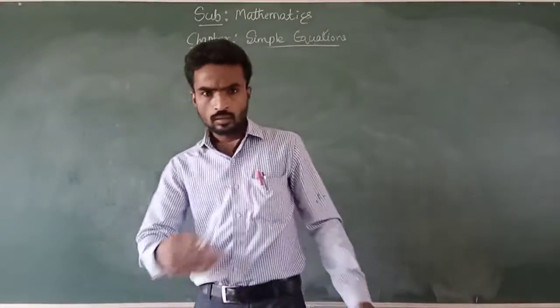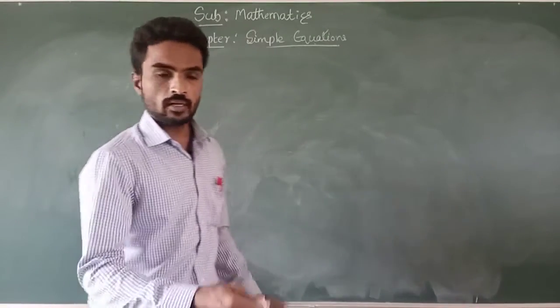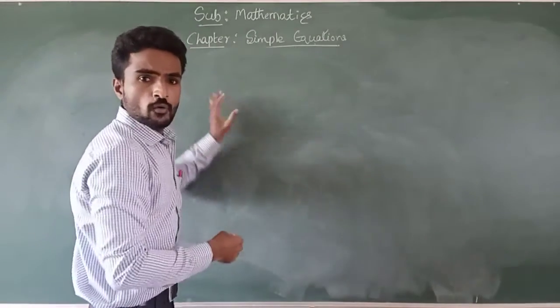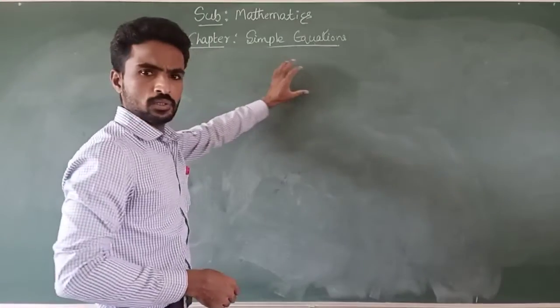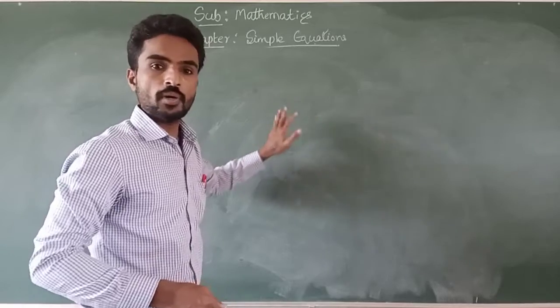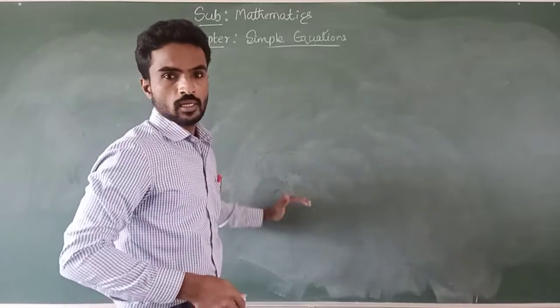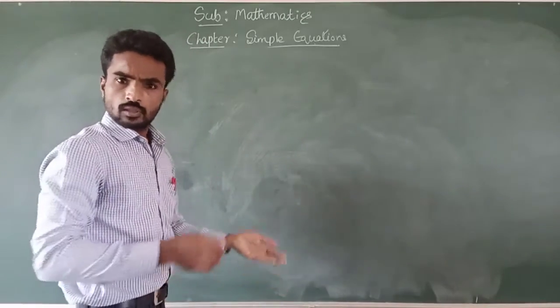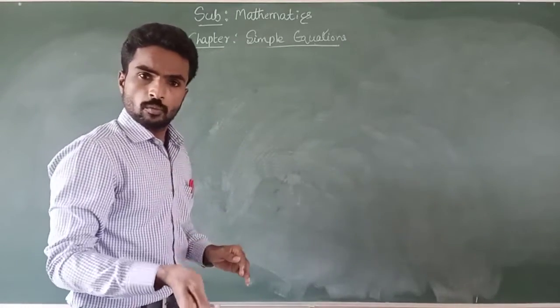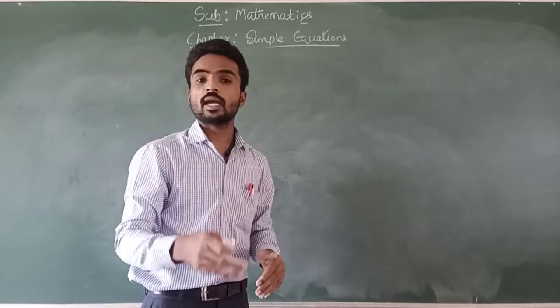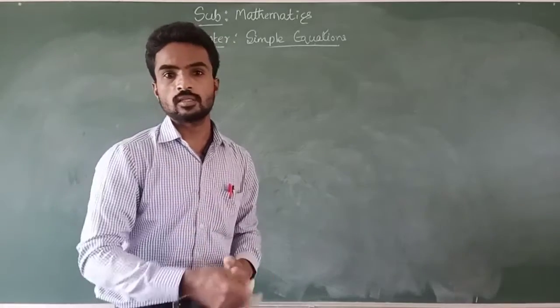In the previous class we discussed only finding the solution of the equation. Here some equation is given, and we find the solution. Now the solution is given, and by using the solution we can make the equations.